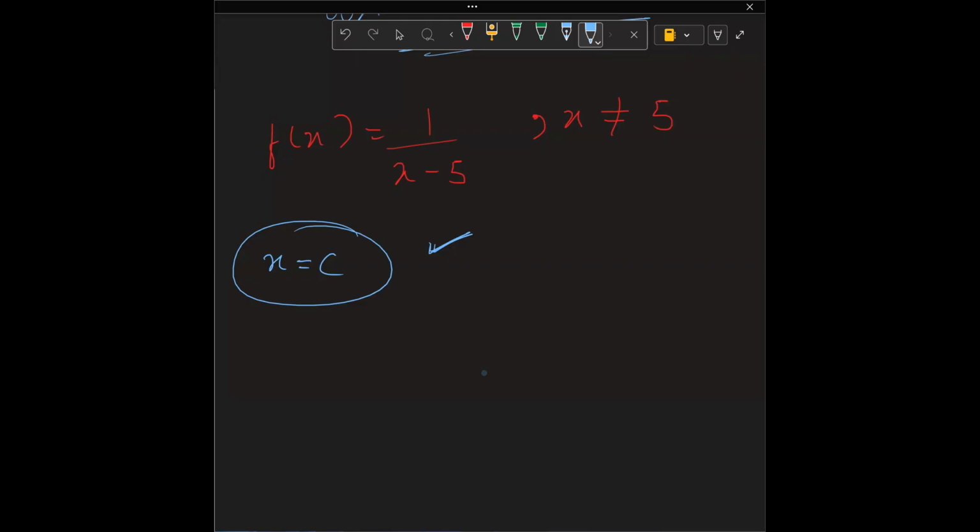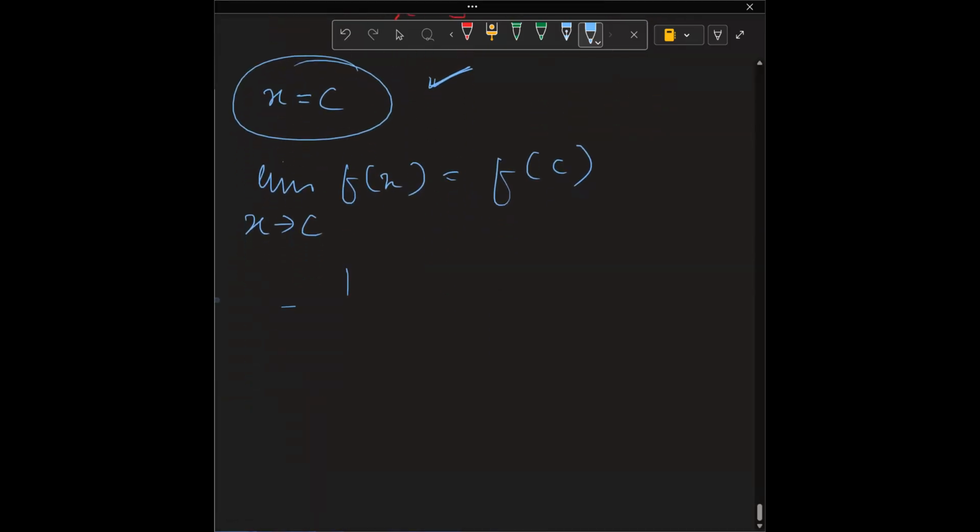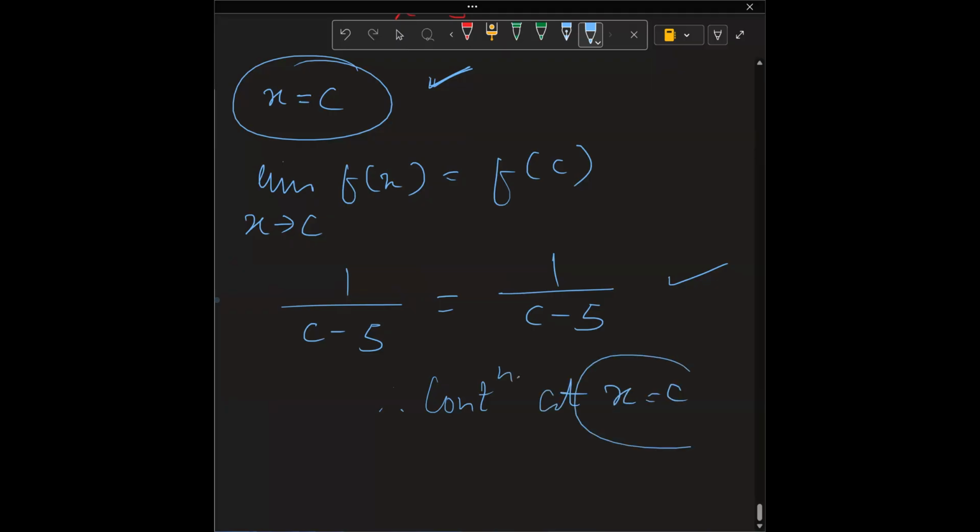At x equals c, the limit as x tends to c of the function should be equal to f(c). So 1 upon x minus 5 gives c minus 5, and the function value is also c minus 5. Both are the same, therefore this is continuous at x equals c. Did you understand?